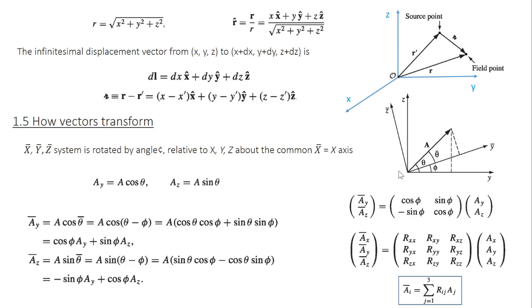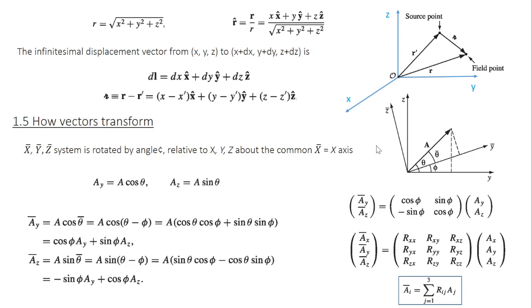So let's take a simple case. Assume that you have a coordinate system x, y, z, and vector A is written in terms of x, y, z components. Now you are going to rotate this coordinate system about the x-axis by an angle phi. So you have a new coordinate system now, x bar, y bar and z bar. Since you are rotating this about the x-axis, x bar is same as x.